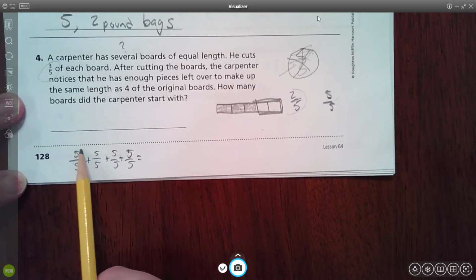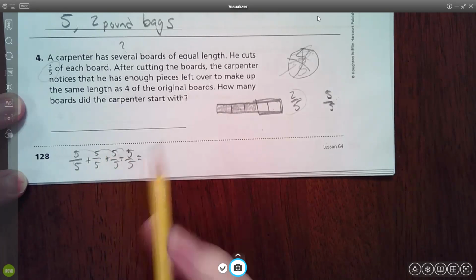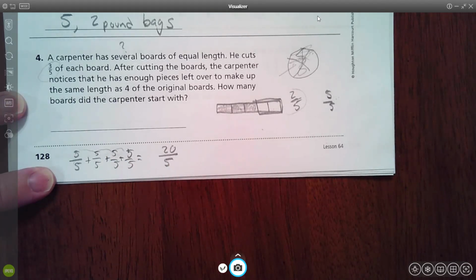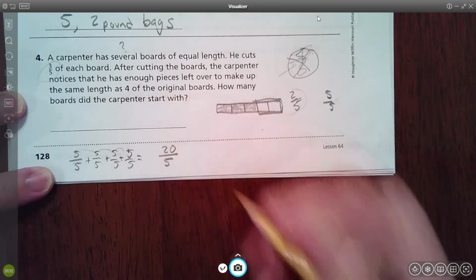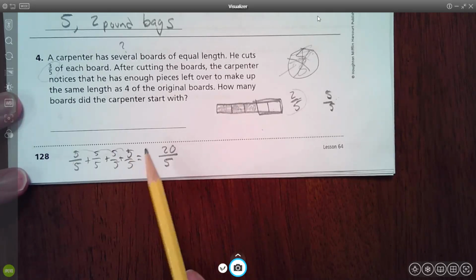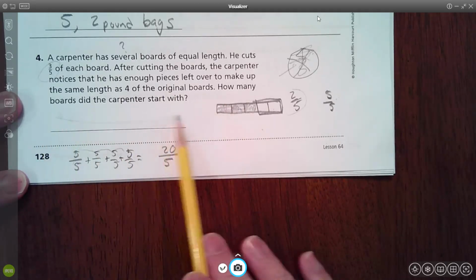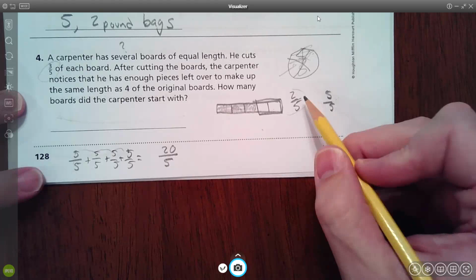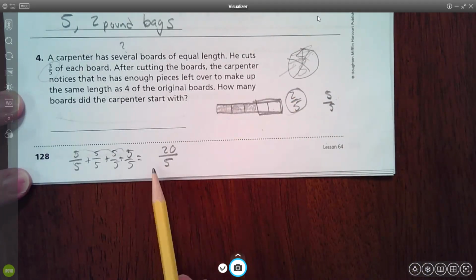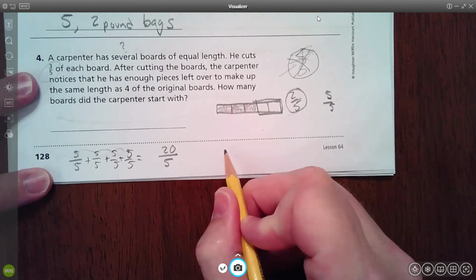So 5, 10, 15, 20 fifths. So this is the amount he has left over, and it wants us to say how many boards did the carpenter start with? So we want to know how many times will I have to have a piece that is 2/5 long to make 20/5. Does anybody see the relationship there?